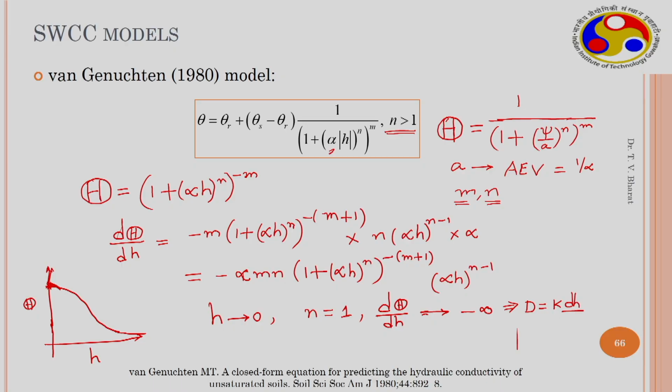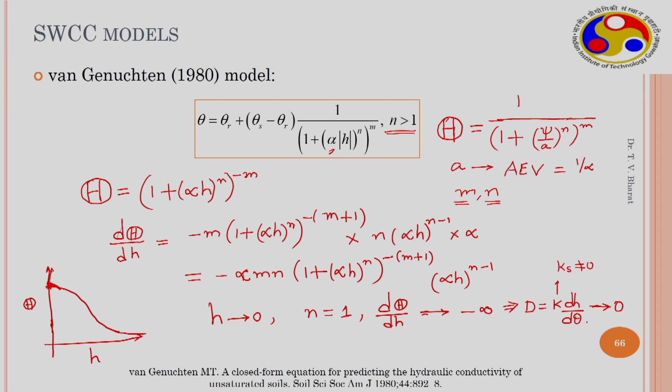Because of this, the diffusivity, which is defined as k times dh by d theta, approaches 0. This is not physically correct. The diffusivity becomes 0 as k approaches ks, which is not equal to 0.